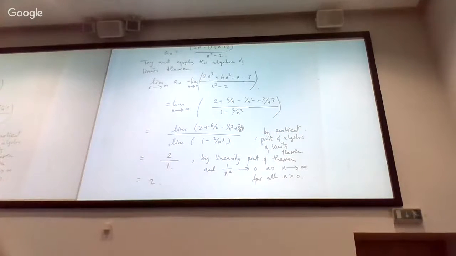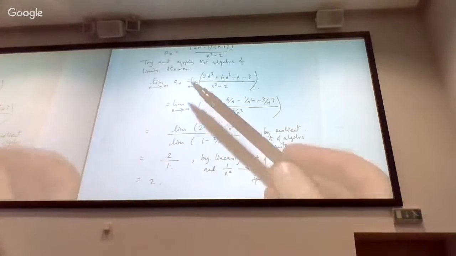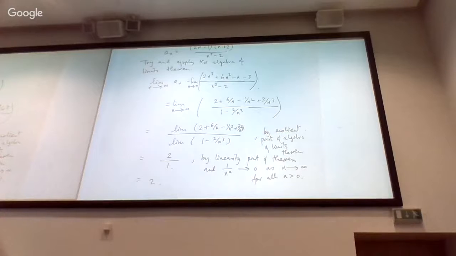The fact that we've been able to apply the algebra of limits theorem at each stage, and we get a finite number out at the end, proves that this is convergent and has the limit.